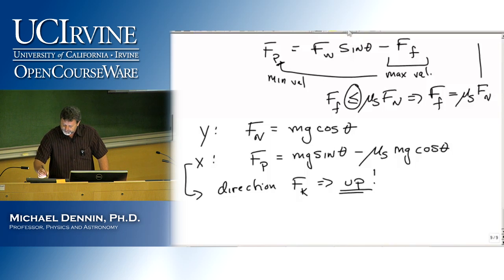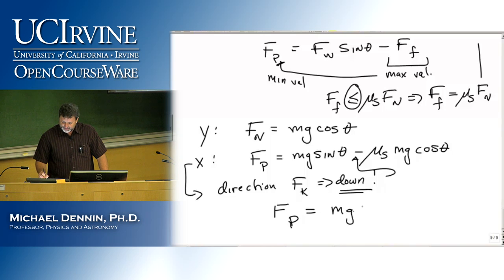I'm sorry, is now down. And so we change the minus sign here, and we will have an Fp equal to mg sine theta plus mu k mg cosine theta.